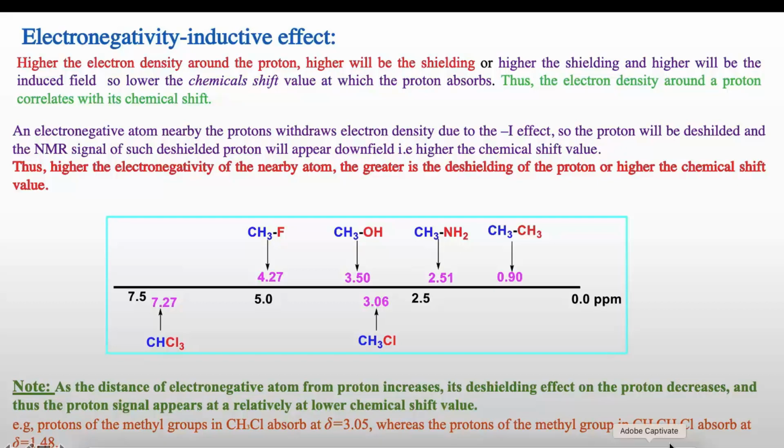But in CH3CH2Cl, the Cl is not directly connected to the methyl group; it is a little farther away. So these CH3 protons absorb at 1.48 ppm. This shows that as the distance of the electronegative atom increases, the deshielding effect on the proton decreases, and the chemical shift value also decreases.